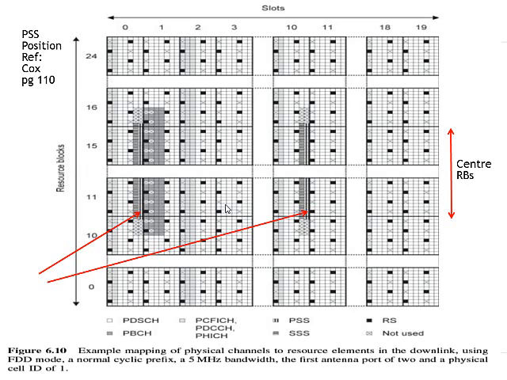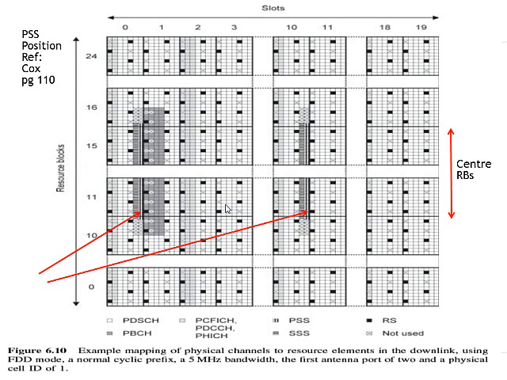Now look at the diagram for the downlink. One good thing about studying these 4G technologies is this diagram here, this slide, figure 6.10, shows 5 megahertz bandwidth.